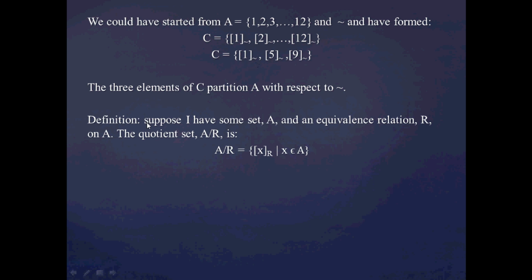So what I'm going to do now is introduce a new idea. Suppose I have some set A and some equivalence relation, let's call it R, on the set A. I'm going to say that the quotient set A modulo R, represented by A slash R, is equal to the set of all the equivalence classes mod R, such that the x's are in A. And you can see that's precisely what I've done up here when I formed the set C from the set A. And hopefully you can also see that when you do this, let's say A has 12 elements here, that doesn't necessarily imply that C is going to have 12 elements.